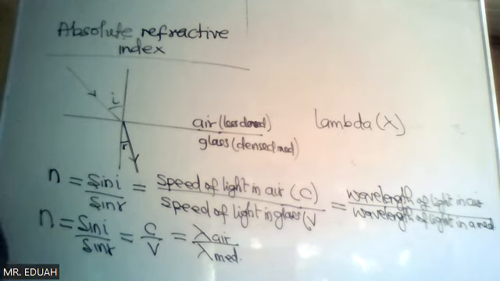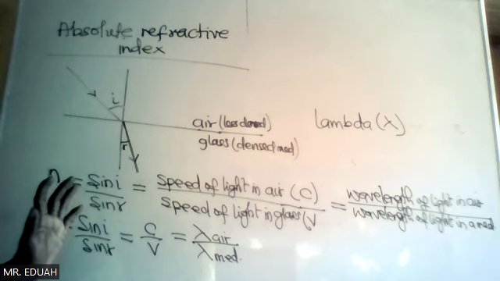So the absolute refractive index of a material is the refractive index of that material when the first medium through which light is propagated from is air.